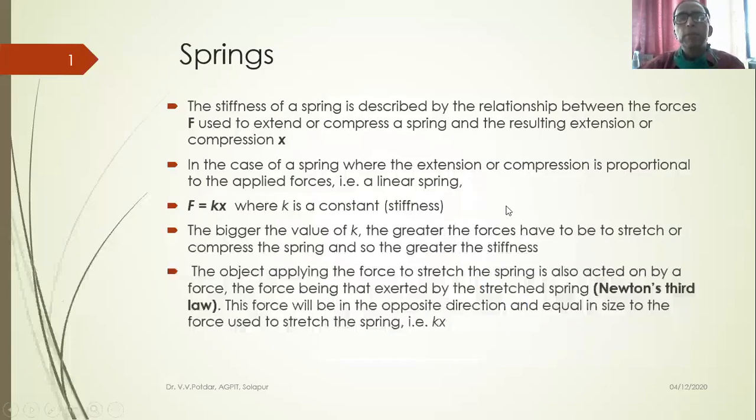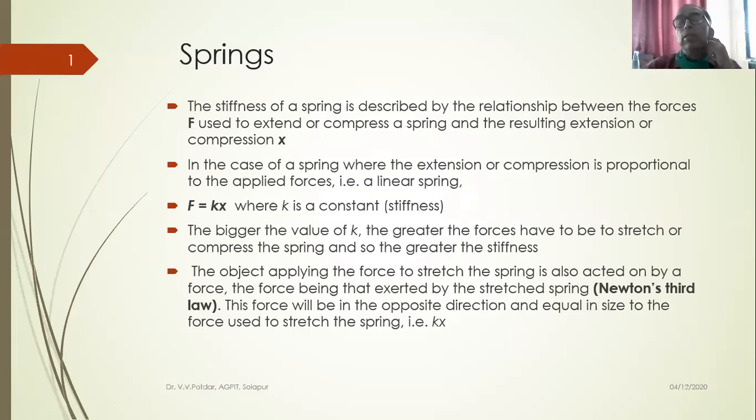The stiffness of a spring is described by the relationship between the force F used to extend or compress a spring and the resulting extension or compression X. As we discussed in the last class, all these translational mechanical elements will have force as the input and displacement or velocity or acceleration as the output.